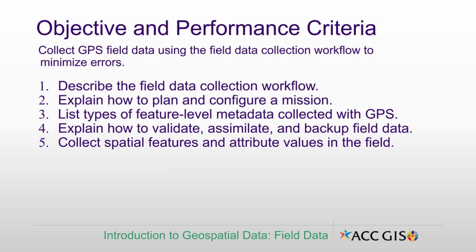For example, what your GPS status is, whether it's DGPS, 3D GPS, what your estimated positional error is, or your PDOP at any time that you've collected positions. You should be able to explain how to validate, assimilate, and back up field data once you're back in the office. And last, in the demo, exercise, and project, you'll collect spatial features and attribute values in the field.